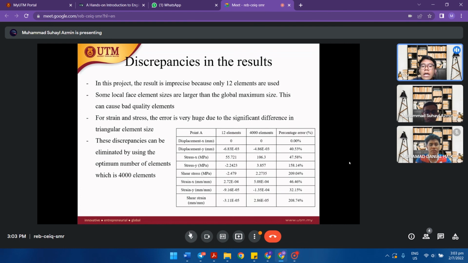However, a large mesh is recommended for initial trial to check data and reasonable result. When a finite element problem is solved repeatedly by increasing the number of elements, the mesh is refined and therefore the discrepancies can be eliminated by using the optimum number of elements.